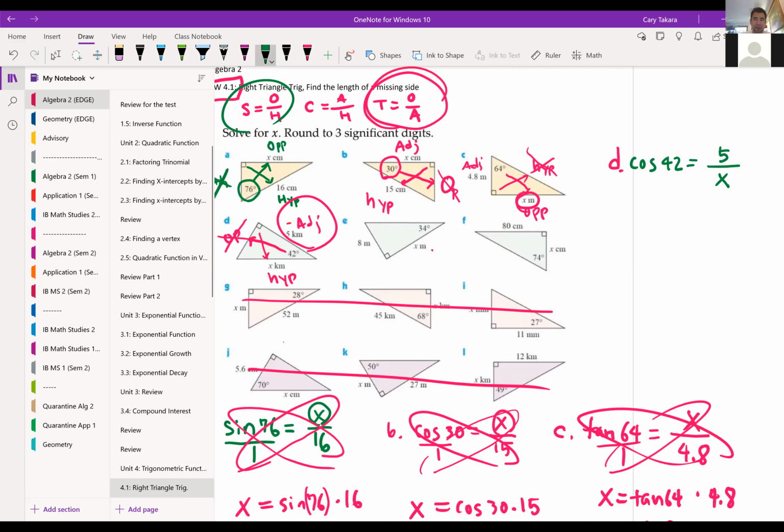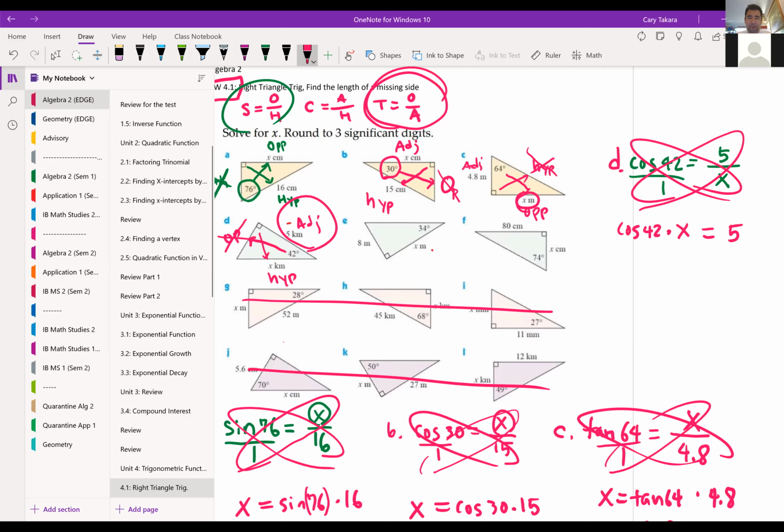Now x is in the denominator, but we are going to use the same procedure of cross multiplying. I'm going to cross multiply this pair first because it's got x in it. So cosine of 42 times x is equal to 1 times 5, which is 5.